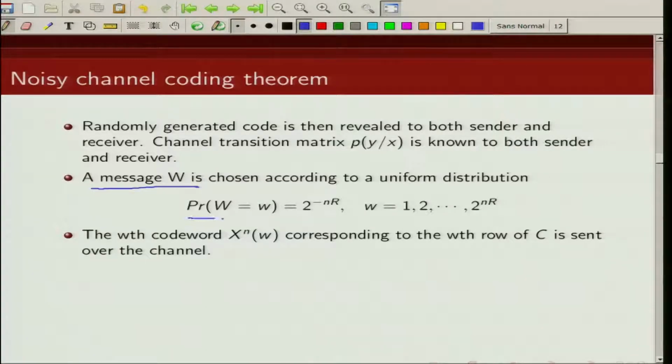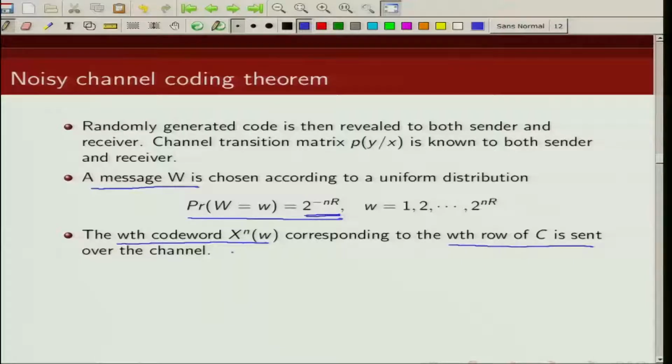So the probability that we choose a particular index is given by 1 over 2^{nR}. And the Wth code word corresponds to the Wth row of this code matrix that we talked about. So when we select this index W, we are actually sending the Wth row of this code word matrix that we are randomly generating.